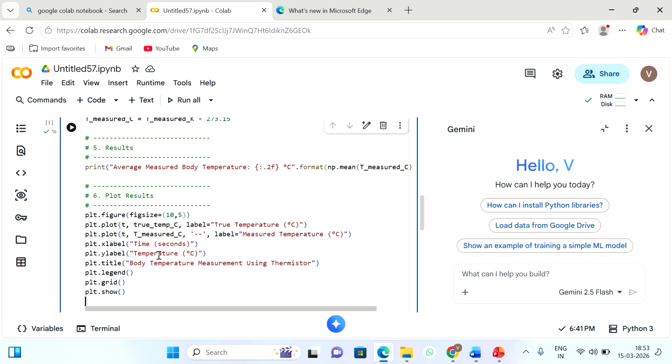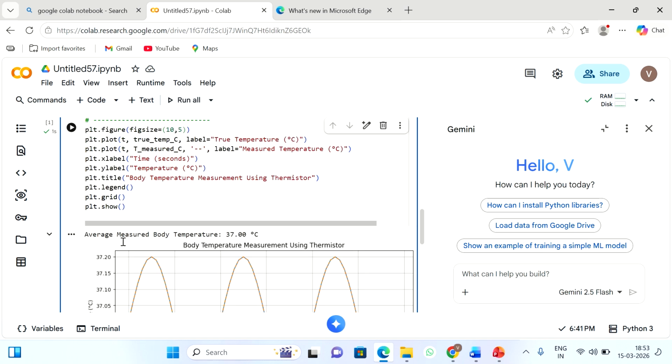And graph 3 shows true versus measured temperature. The solid line is the actual simulated temperature, and the dashed line is the calculated temperature. Both should match closely.